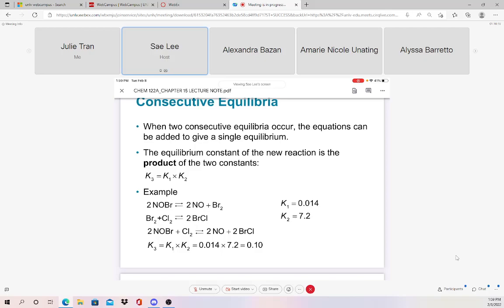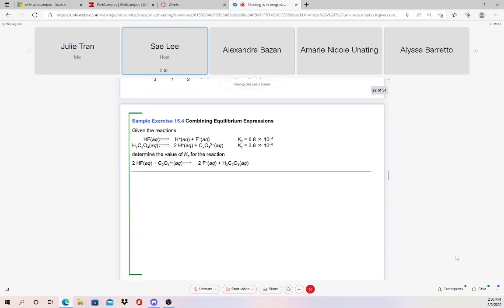Elementary reaction 2 had an equilibrium constant of 7.2, so we put 7.2 for the second elementary reaction. The product of these two values. If you multiply the equilibrium constants of the two elementary steps, you will get the overall reaction's equilibrium constant. You basically have to multiply two values.